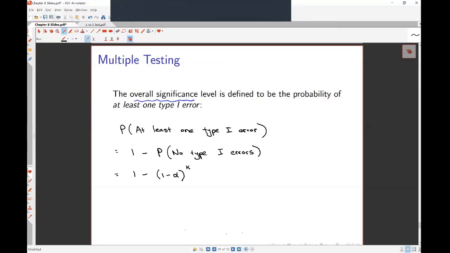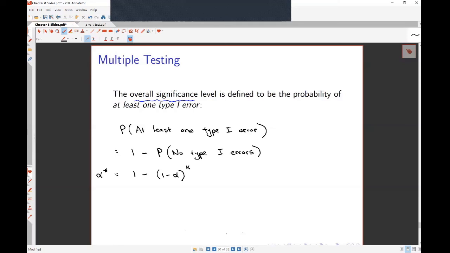So if we call this quantity alpha star, our overall significance level, then that is equal to 1 minus alpha to the power k. Now, what you'll notice if you look at that quantity is since 1 minus alpha is a fraction, when we raise that to the power k, that value decreases. So alpha star approaches 1 as k gets large.